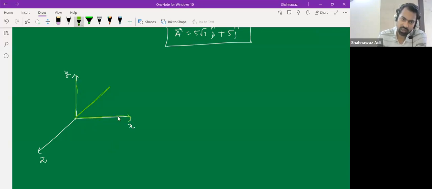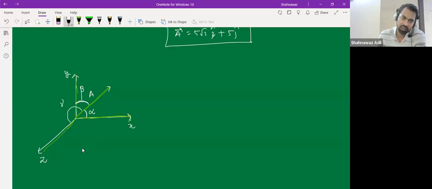So this is the floor, and this is the height, and the vector is the diagonal of the room. If this is alpha, this vector is making an angle alpha with the horizontal x, then an angle beta with y, and an angle gamma with z.